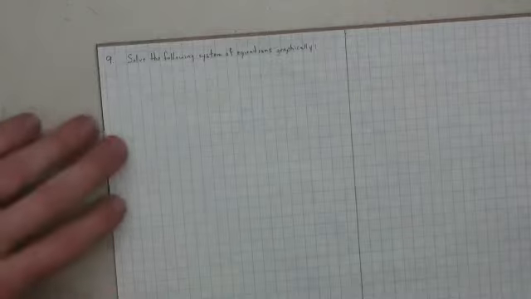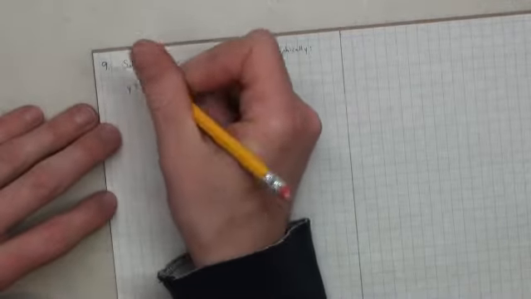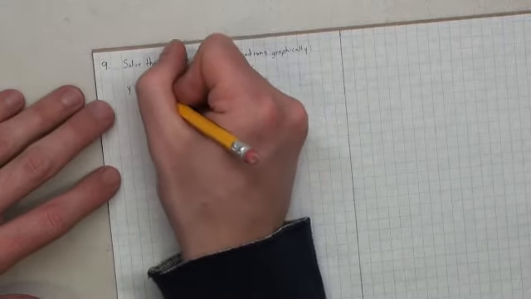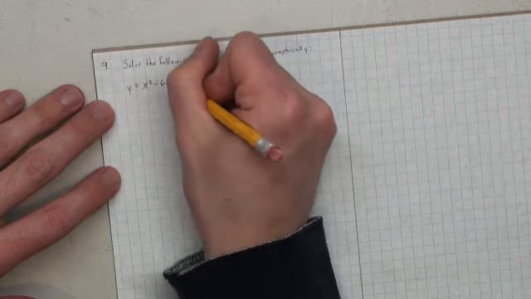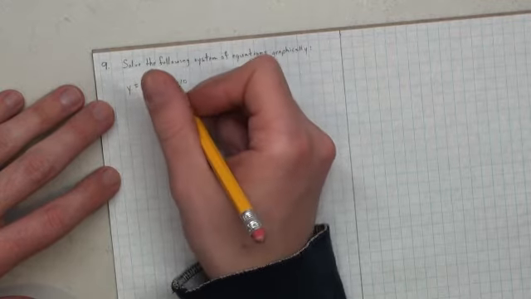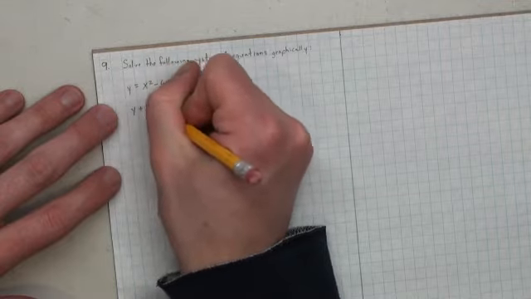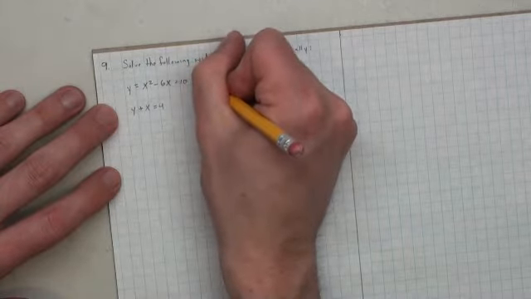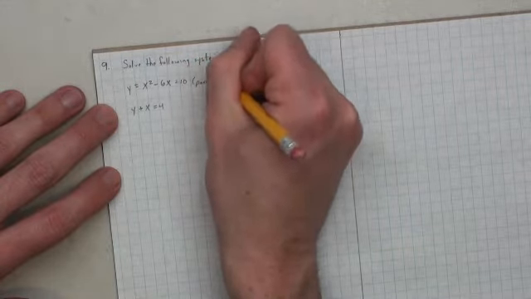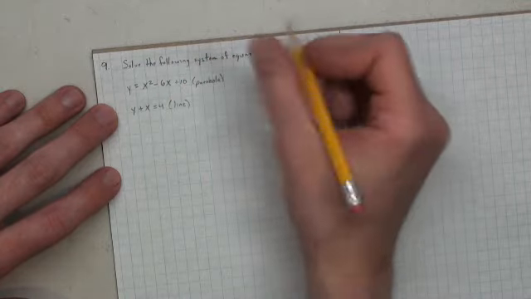So, number 9. First we have y equals x squared minus 6x plus 10. And then we have y plus x equals 4. So this is obviously our parabola. It's only got one variable squared, and this is our line.